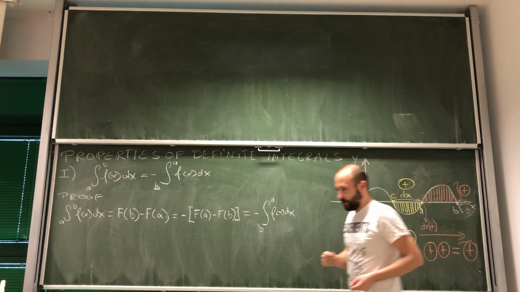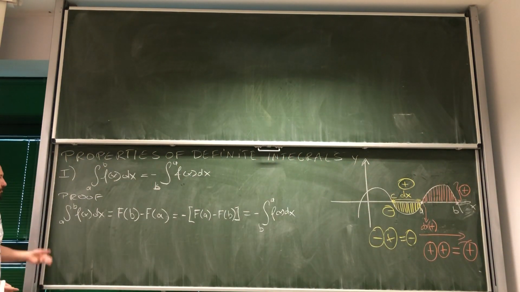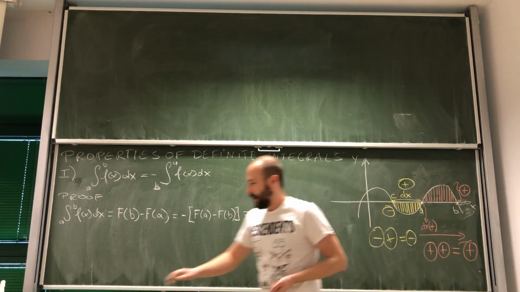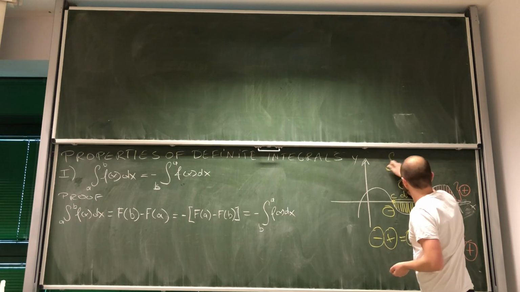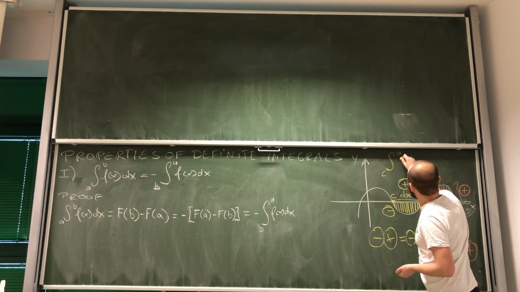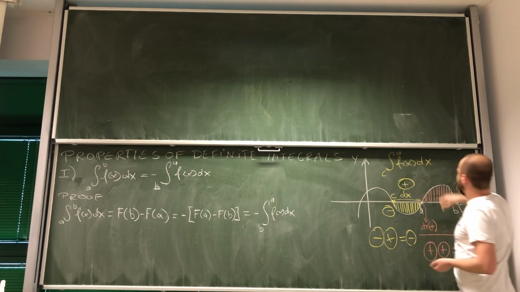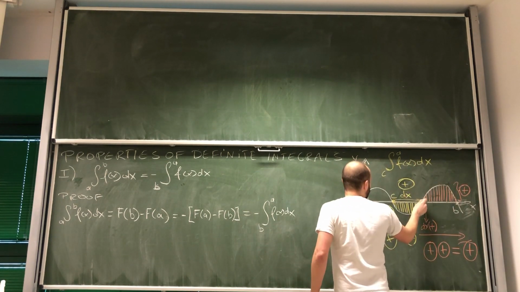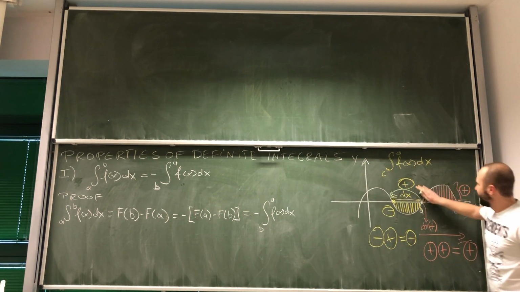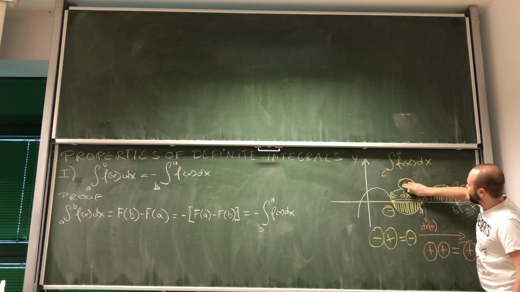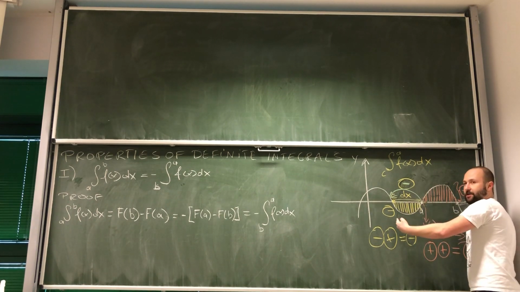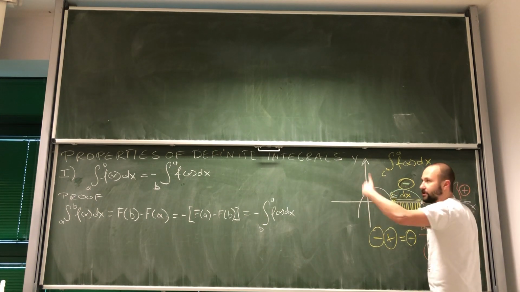So what could we do here to get an outcome that is positive? We can use property number 1. Instead of calculating the integral from C to A of f of x dx, we could reverse the situation. We could go from A to C. And if we go from A to C, the dx's are now becoming negative because we are moving from bigger to lower numbers, from bigger to lower, from bigger to lower.